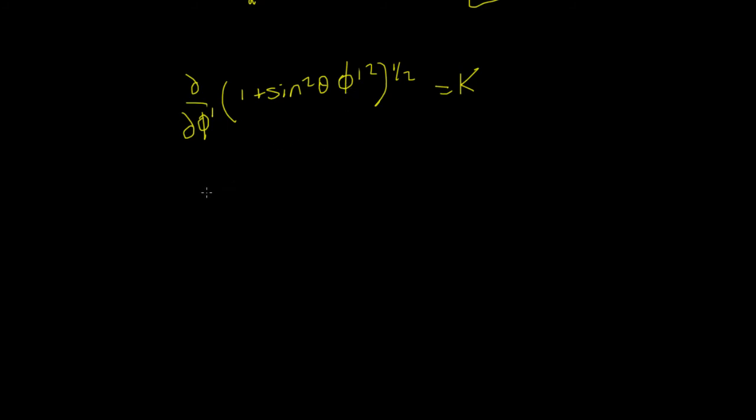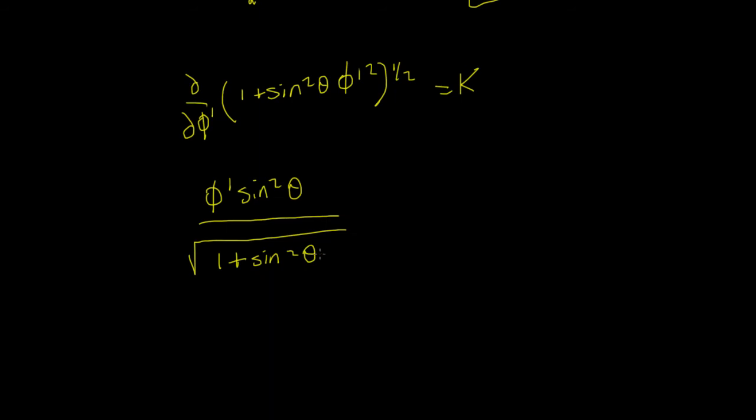So we end up with phi derivative sine squared theta upon the root of 1 plus sine squared theta times phi derivative squared, and that equals some constant k.